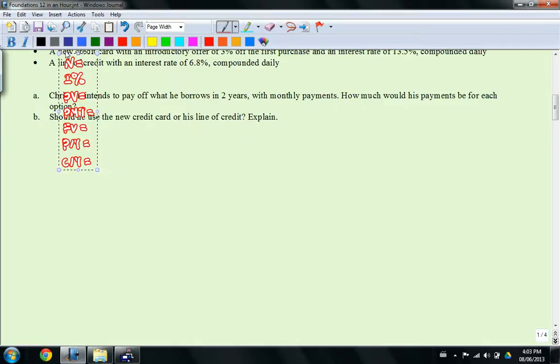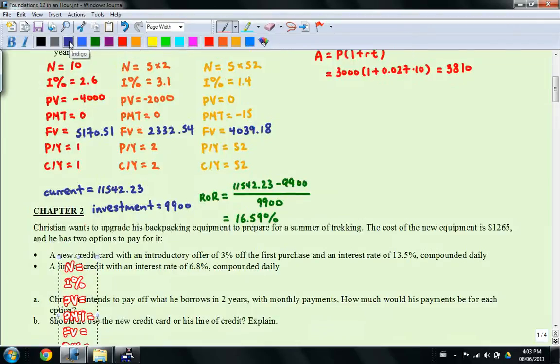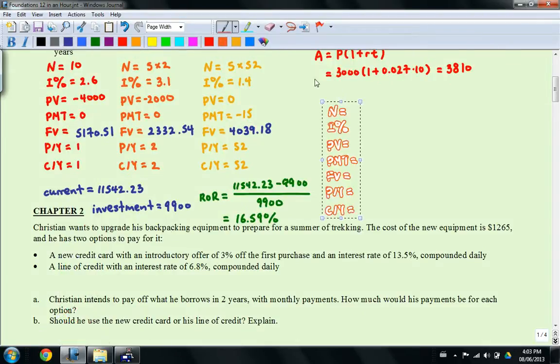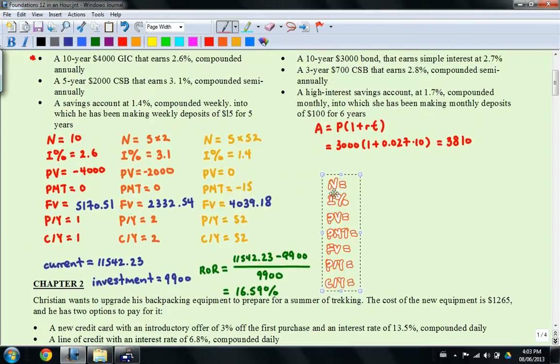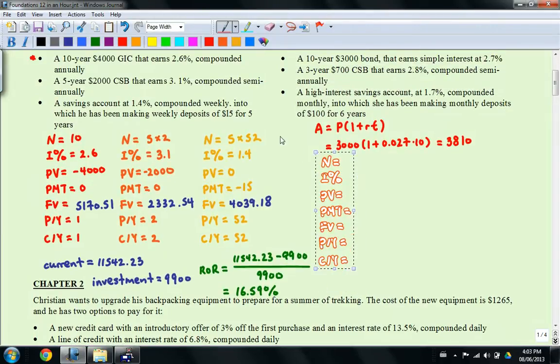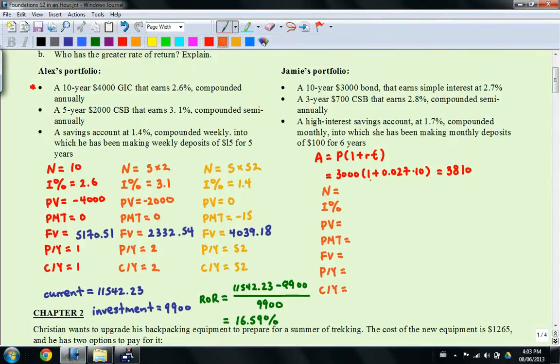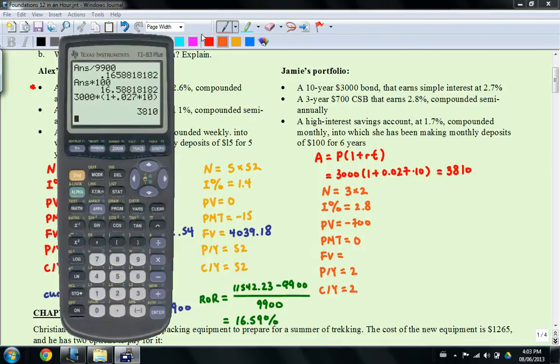Okay. Now for the second part of the portfolio, which is a 3-year $700 CSB that earns 2.8% compounded semi-annually. So 3 years times 2, interest rate is 2.8. Present value is $700. The payment is 0, and semi-annual, so it's 2 and 2. So it's very much like the first part here. The only difference really is the interest rate.